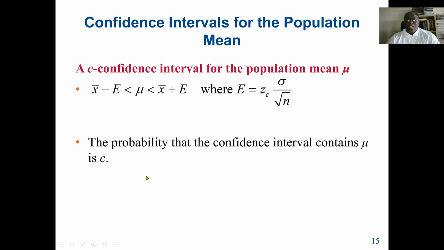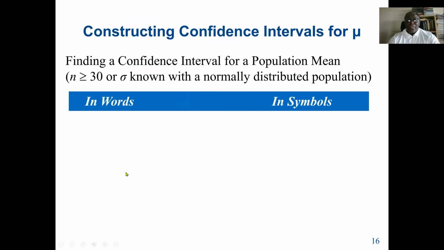The probability that the confidence interval contains the mean is C. So let's find a confidence interval for the population mean. Here we say n is greater than or equal to 30, or the population is normally distributed.